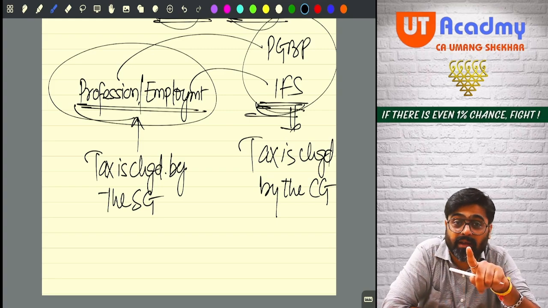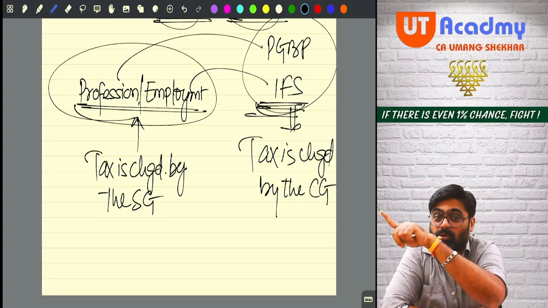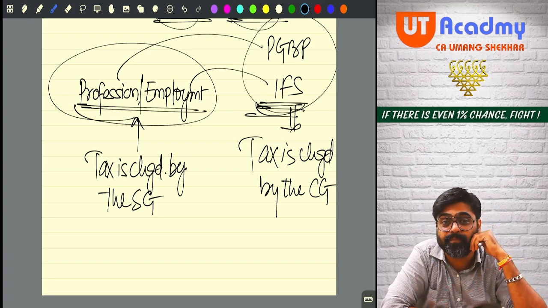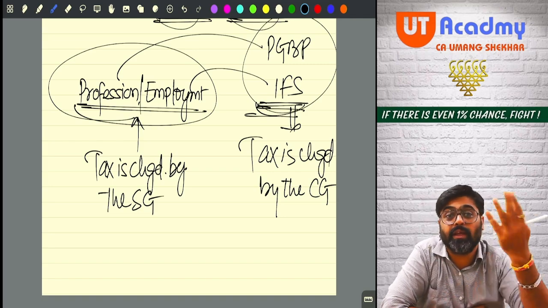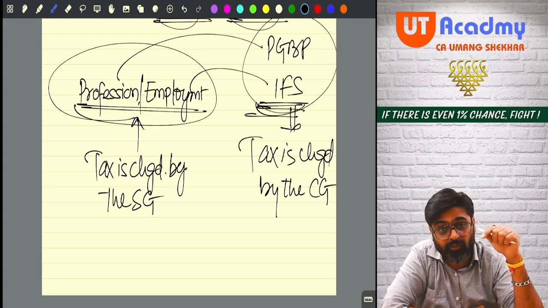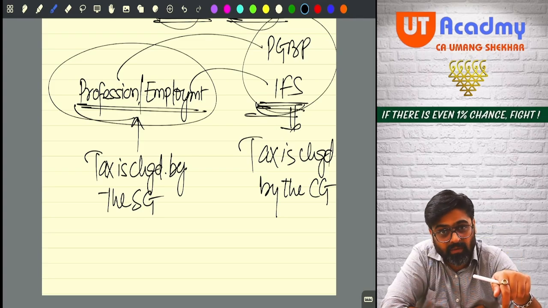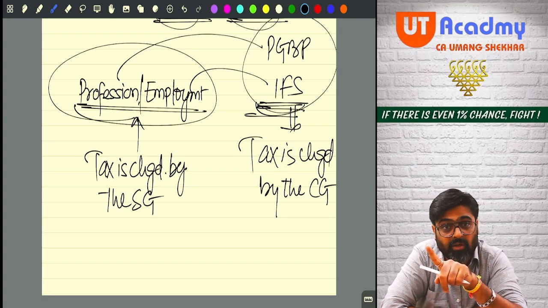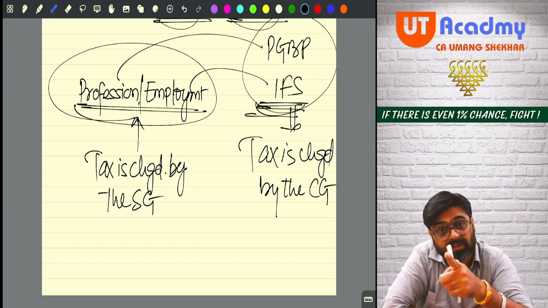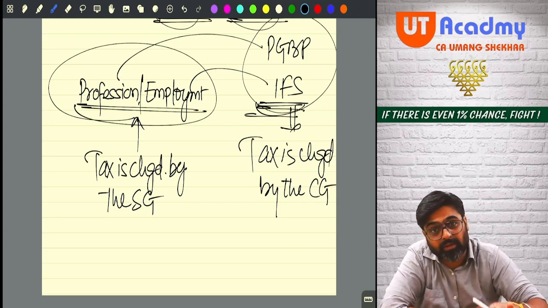But only take it if it is actually paid to the state government during the previous year. If it is unpaid, outstanding, payable, yet to be paid, it will not be allowed as a deduction. If from this year's salary income you want to claim the deduction of professional tax, you are supposed to pay the professional tax actually in this year.